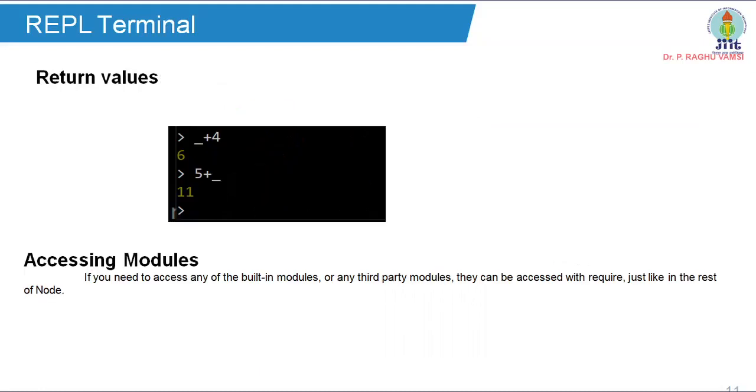Accessing of modules, whenever the installation of modules was done in a global way. In a global way means in the global installation folder. For that you will use npm i -g and the module name, which will be installed in the global module.